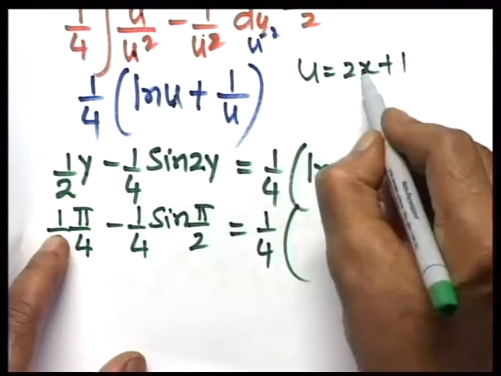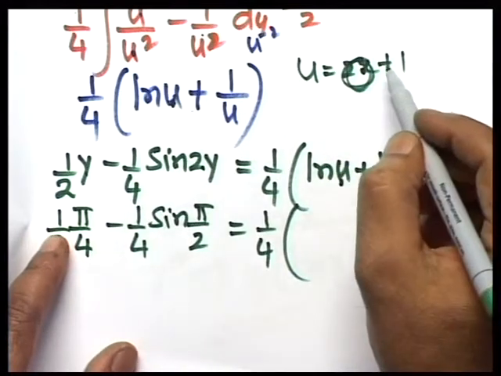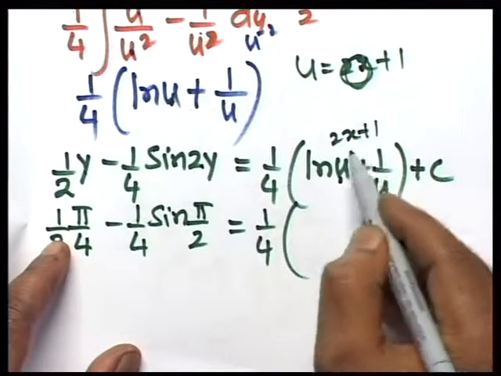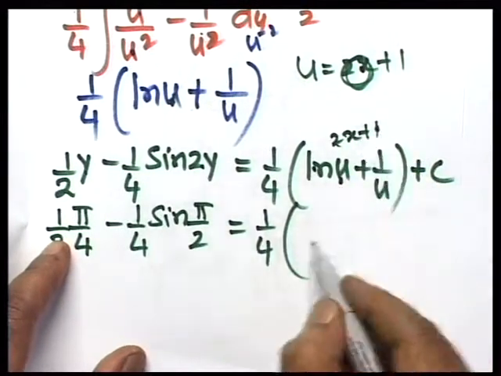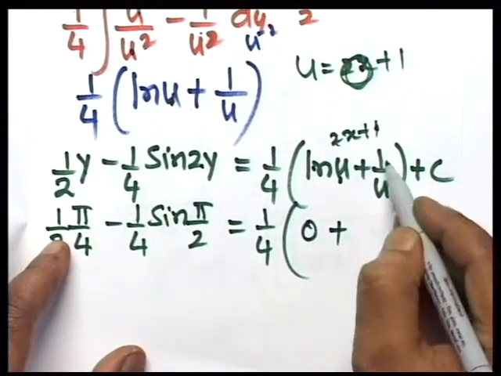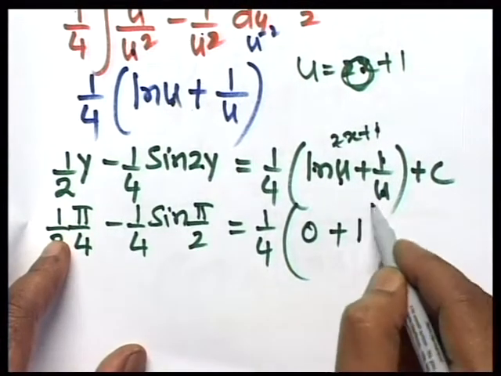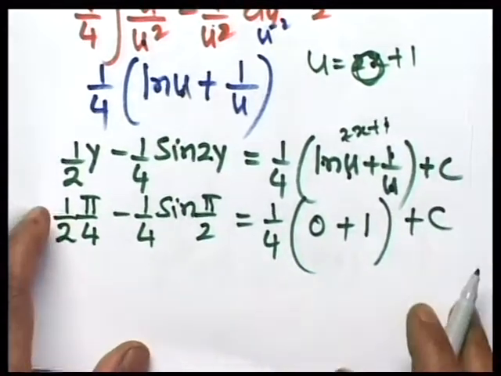And we substitute x as 0. So that's natural log 1, which will be 0, right? Plus that's 1 over 1 if you put x as 0, which is 1. Done, plus c. Beautiful, right?